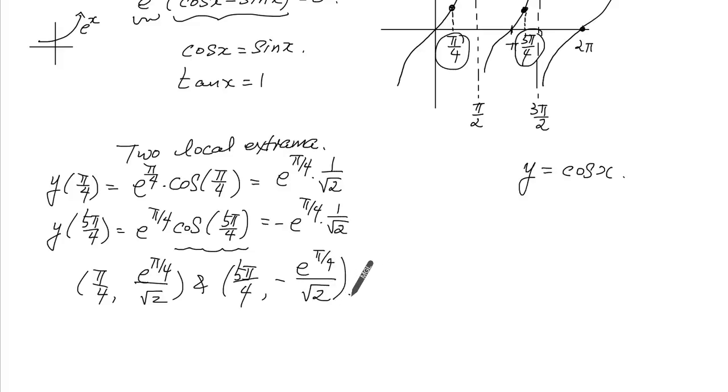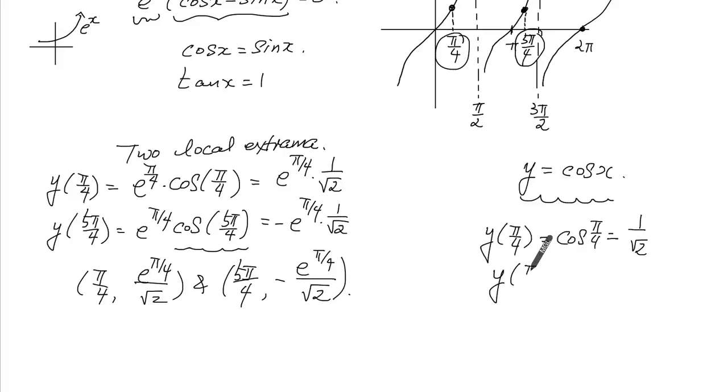Okay. Now let's see what the values of cos of x are. For pi over 4, we know that's cos of pi over 4, or simply 1 over root 2, and cos of 5 pi over 4, which is negative 1 over root 2.